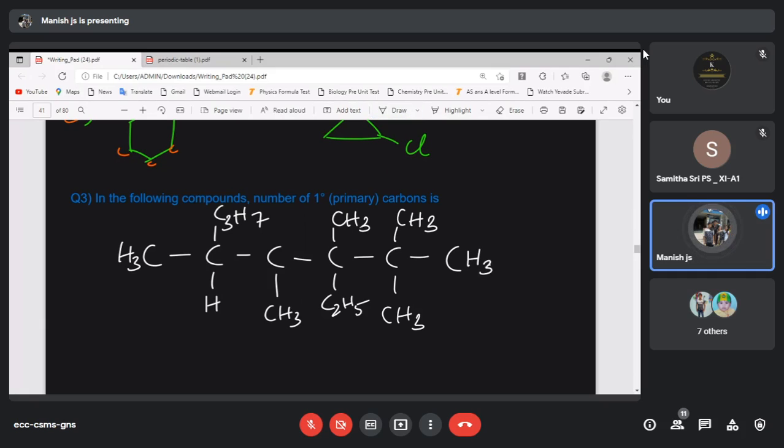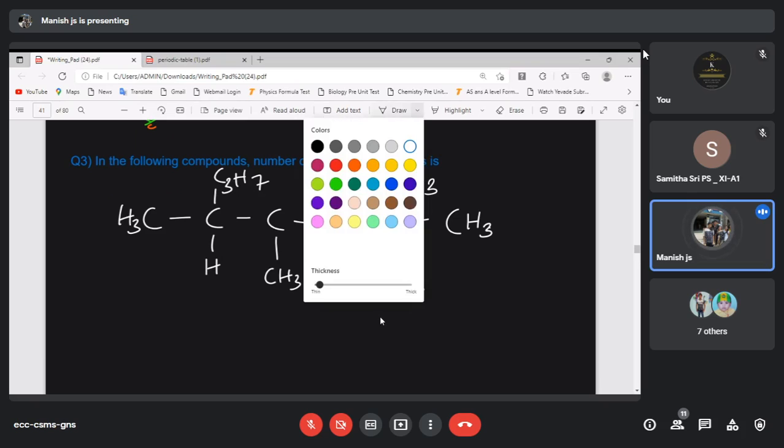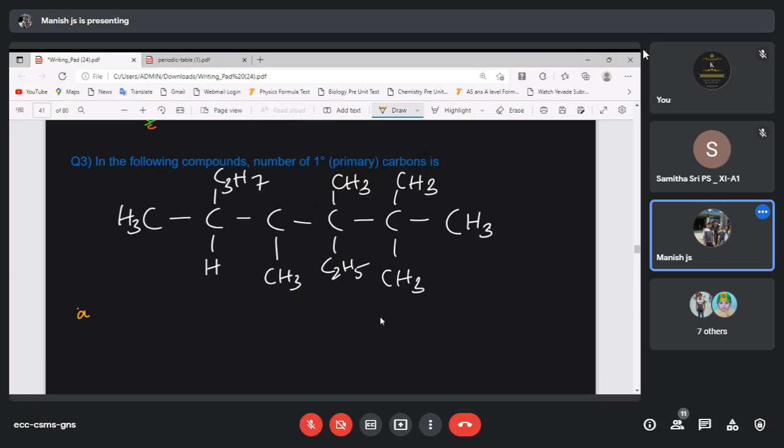Yes, so this is the question. You will have to identify how many 1 degree primary carbons are there. That is the question. So I'll give you the options. Option A 5, option B 7, option C 8, and option D 6.